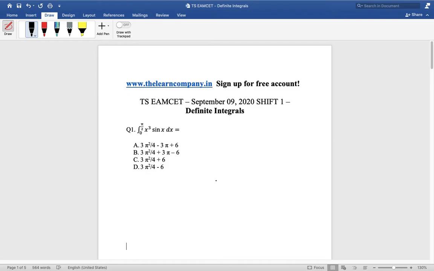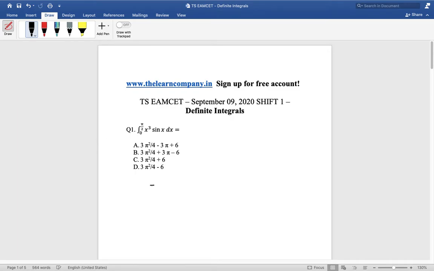The first problem is the integral of x cube sine x dx, with lower limit 0 and upper limit pi by 2. So the integral goes from 0 to pi by 2 for x cube sine x dx. We know that this can be solved by using by parts again and again till we are able to get an expression.